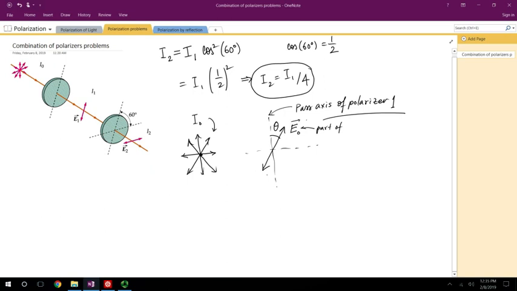In that scenario, the intensity relationship is I1 equals I naught cosine squared theta.